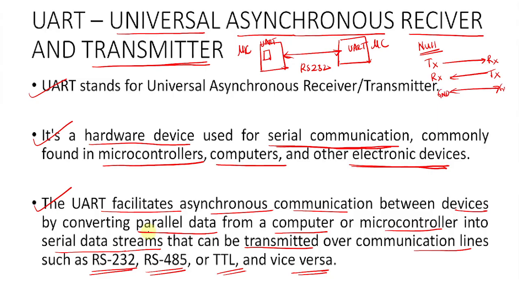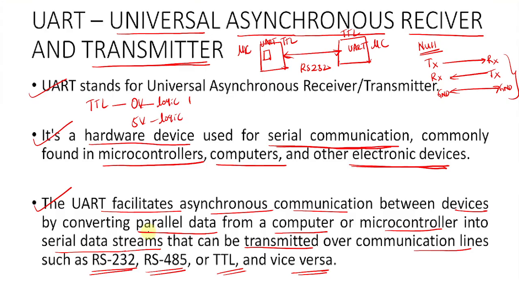Normally, inside the UART it is TTL operated, transistor-transistor logic. But RS-232 voltage levels are different. TTL voltage levels: 0 volts means logic 0, and 5 volts means logic 1.